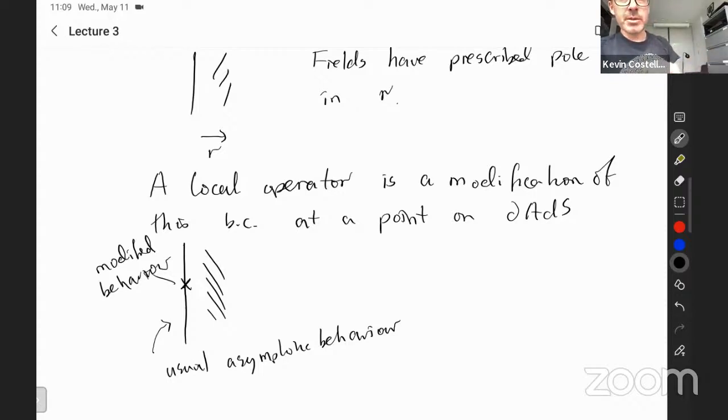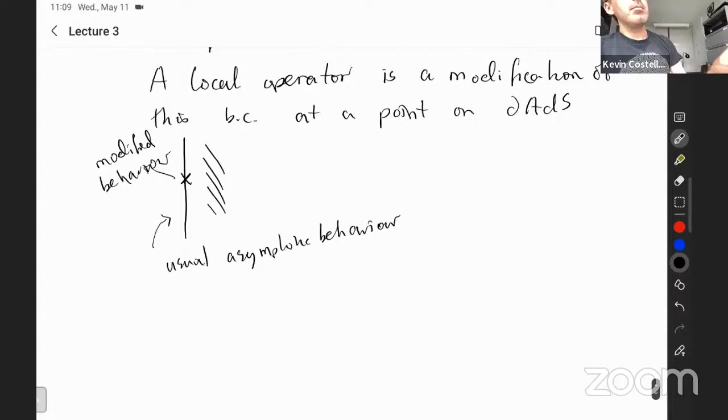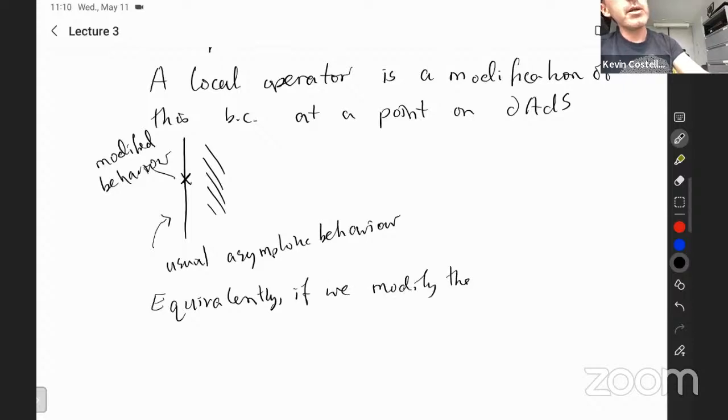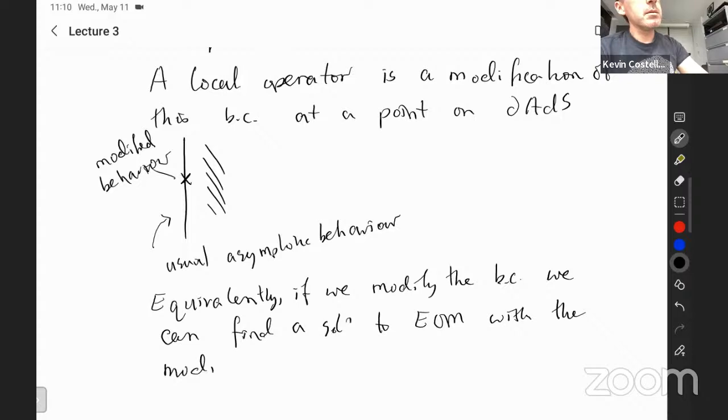I don't know if this is a familiar picture to people, but it relates to the more standard one by saying that, equivalently, if we modify the boundary conditions, we can find a solution to the equations of motion with the modified boundary condition.